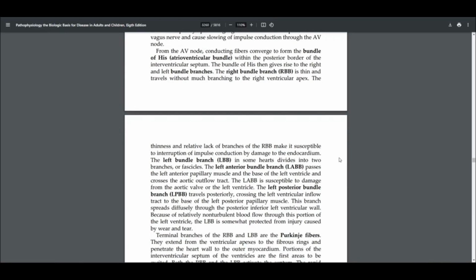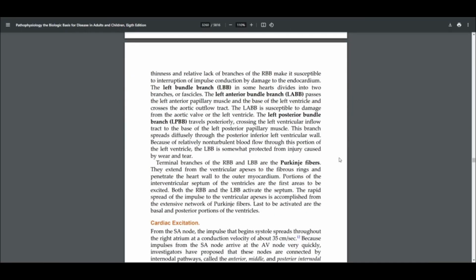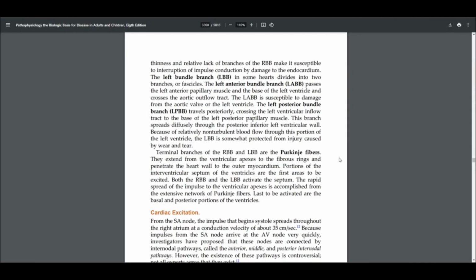The thinness and relative lack of branches of the RBB make it susceptible to interruption of impulse conduction by damage to the endocardium.